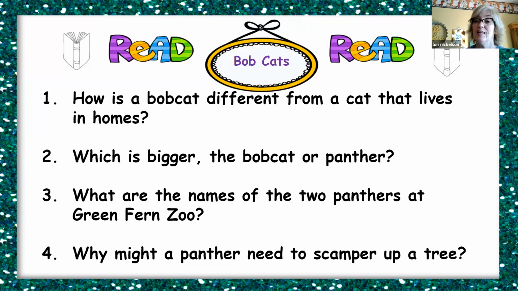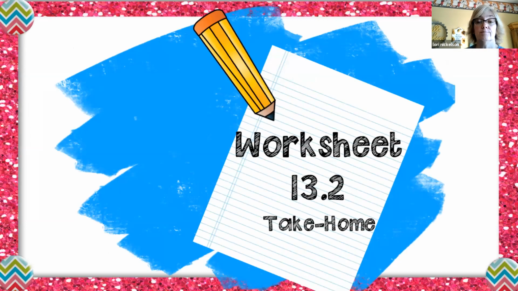Jet and Flash. Why might a panther need to scamper up a tree? Maybe if something was chasing it, something that was bigger, possibly. Or maybe it was going up the tree to see if it can hunt food that way, see food out in the distance. All right.